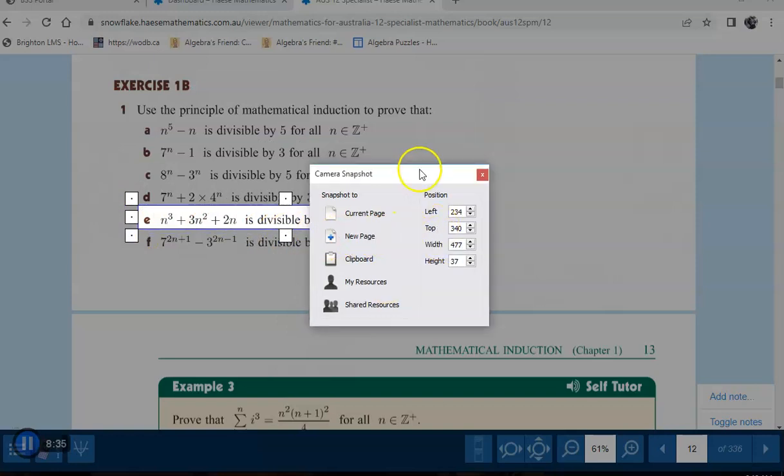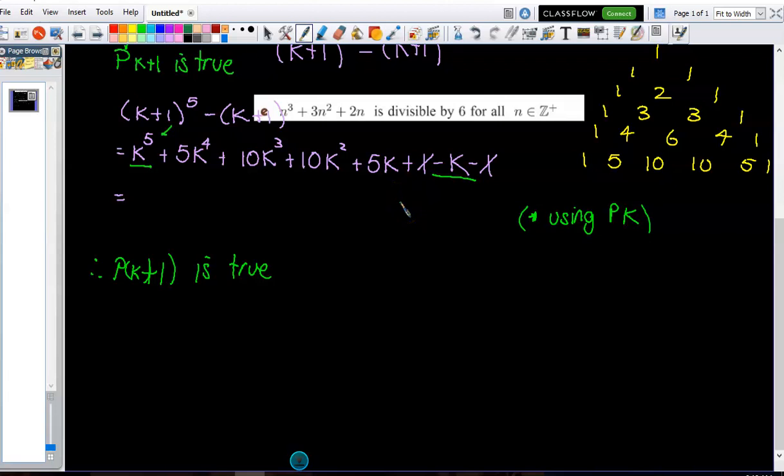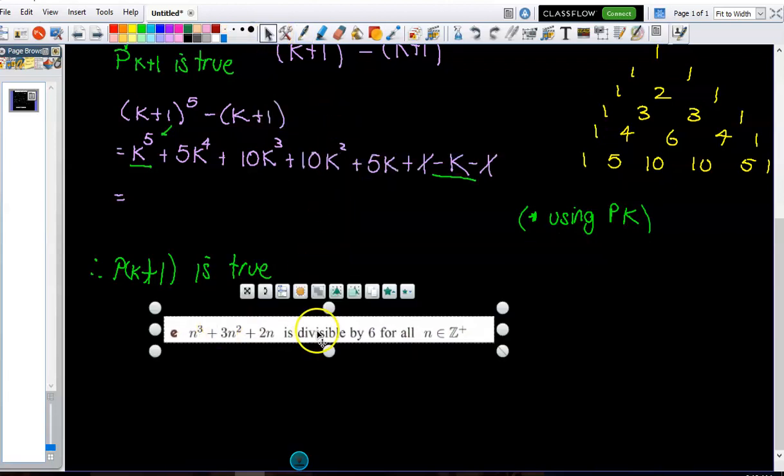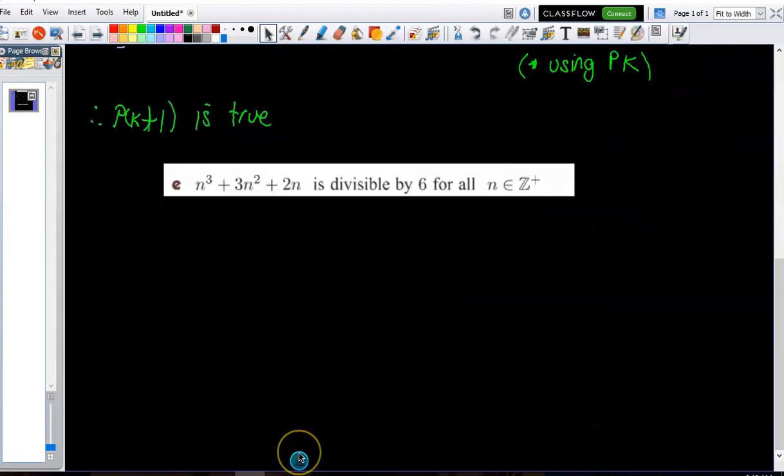But sometimes, and I haven't really seen it in any other division apart from 6, you'll be able to pull out 3 as a common factor quite easily, but you wouldn't be able to pull out 6. And you go, what have I done wrong?